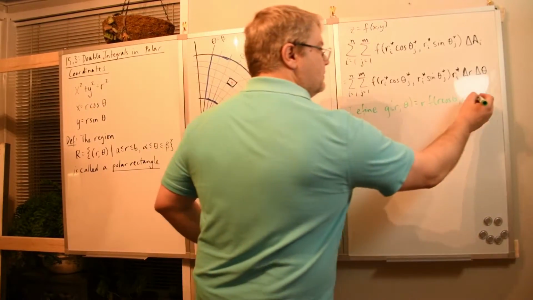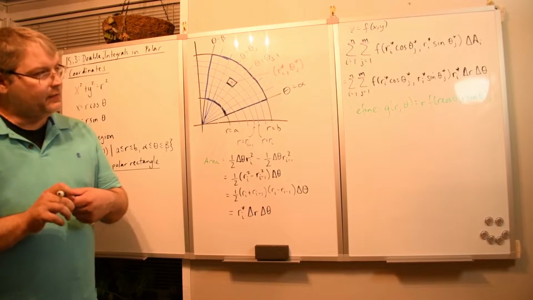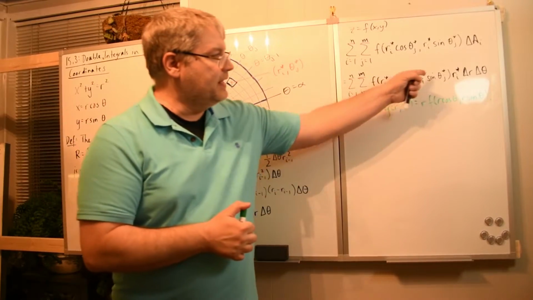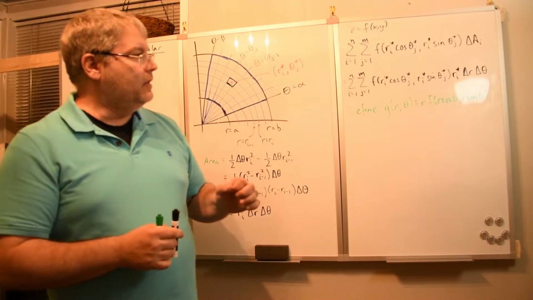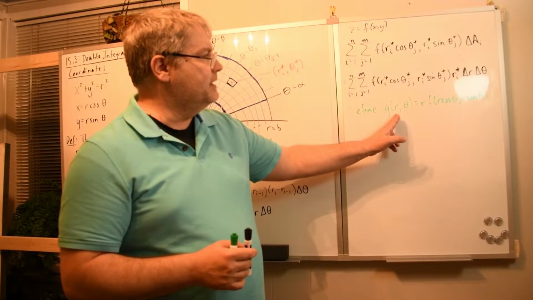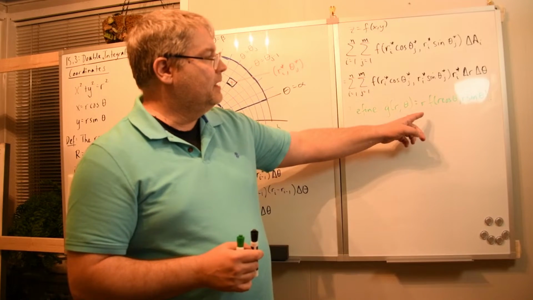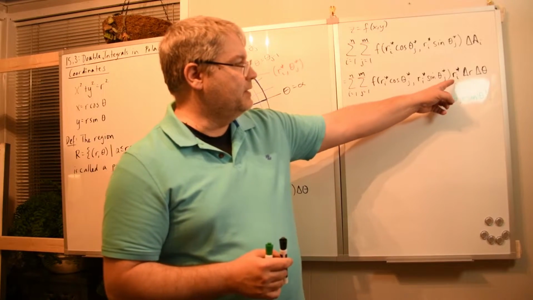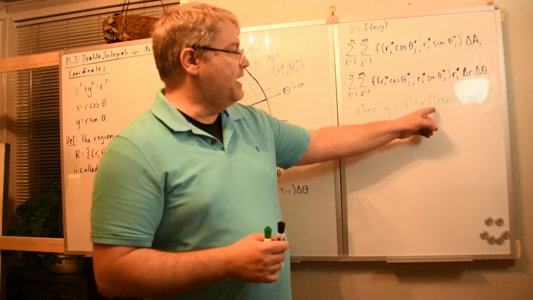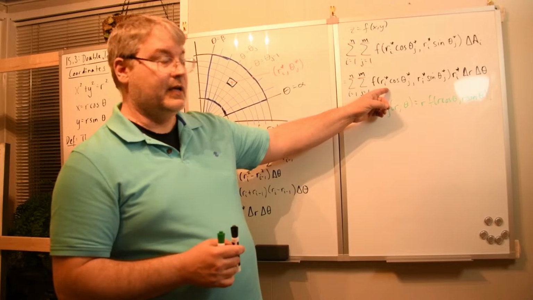So if we define our g of r theta this way, then let's think about how this is going to get affected. Well, if your r is, let's say, r i star, and your theta is theta j star, then you're going to have an r i star here, which is going to match up with that. You're going to have f of r i star cosine theta j star. Okay, well, we got a matching here.